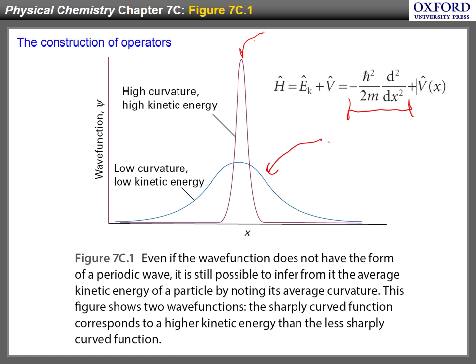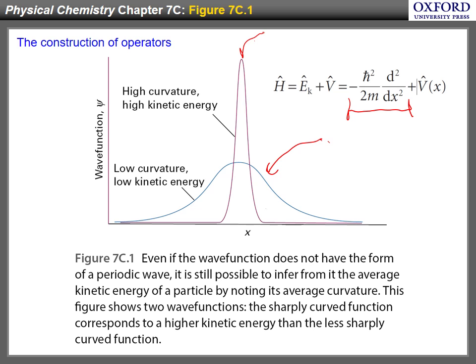If we have a sharply curved wave function, it associates with high kinetic energy. And one with a lower curvature associates with lower kinetic energy. Now this is interesting because it's consistent with de Broglie's relationship. And if you do not remember de Broglie, please go back and revisit.